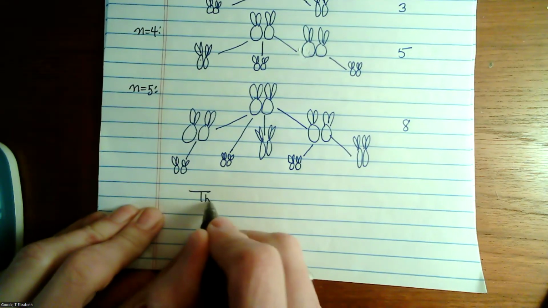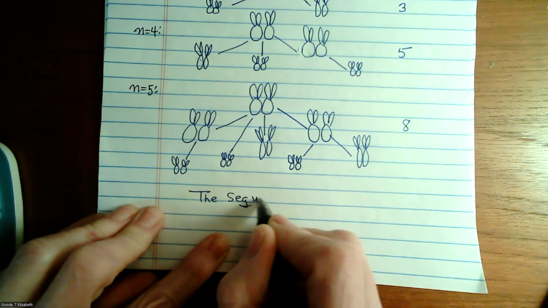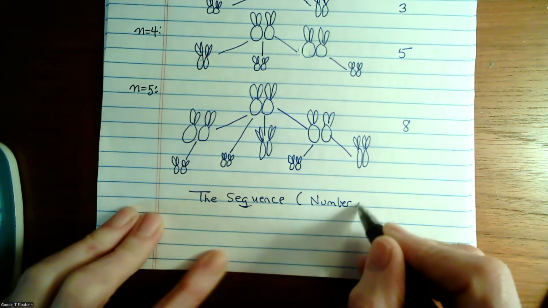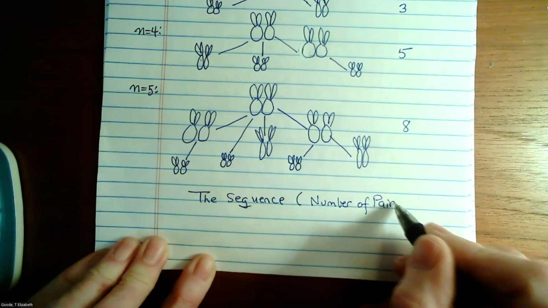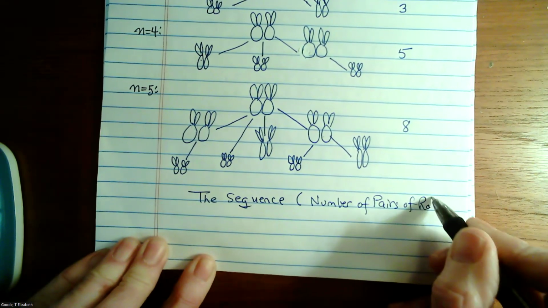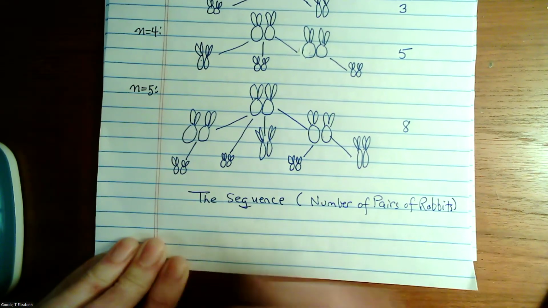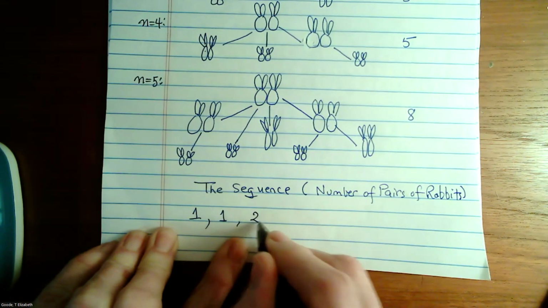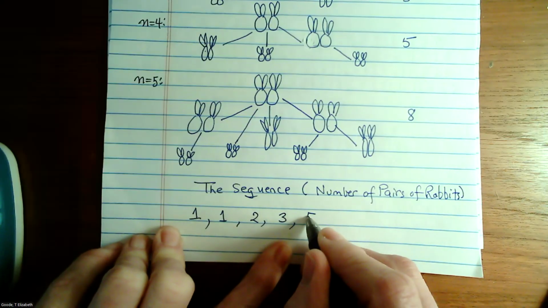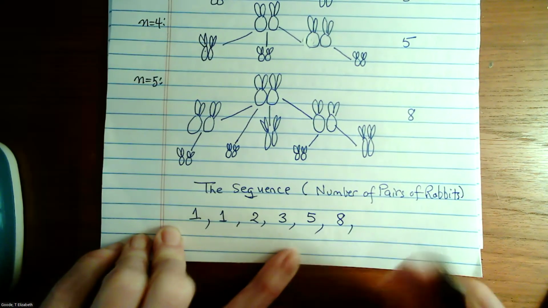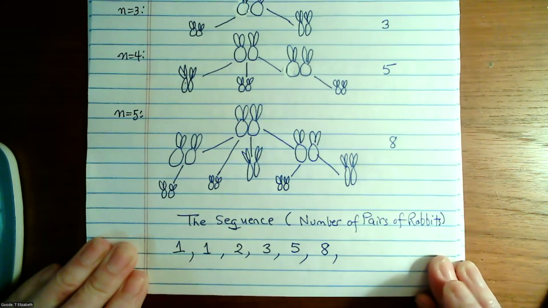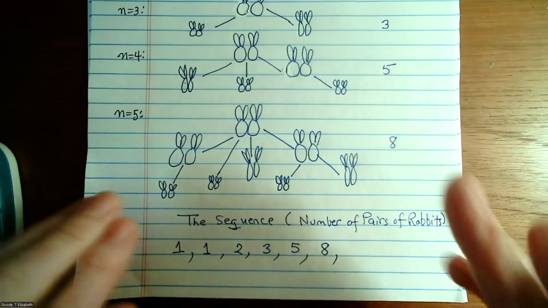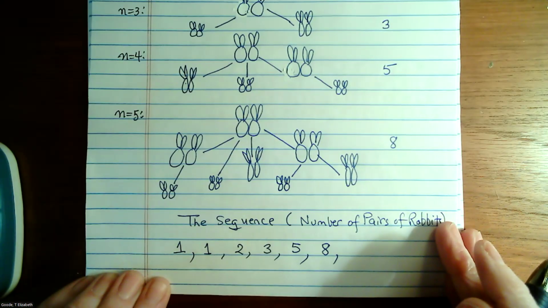So the sequence, which is defined to be the number of pairs of rabbits, is like this: 1, 1, then 2, 3, 5, 8. Anybody recognize the sequence? The Fibonacci sequence. It is the Fibonacci sequence, and the mathematician that wrote this letter was Fibonacci.